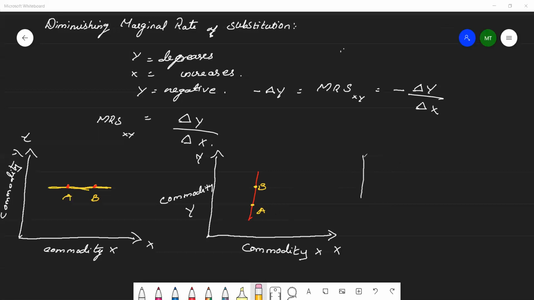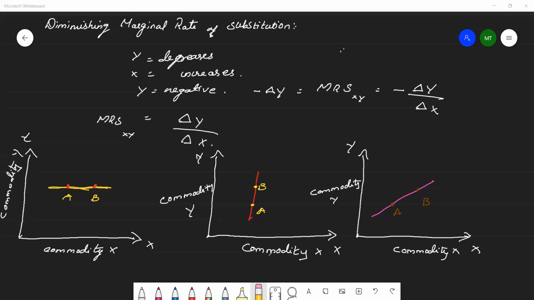Third diagram: x-axis, y-axis, commodity X, commodity Y, with points A and B. So, three different curves.